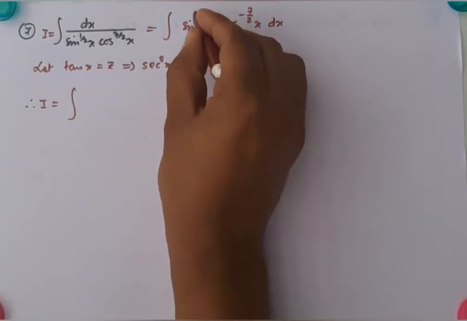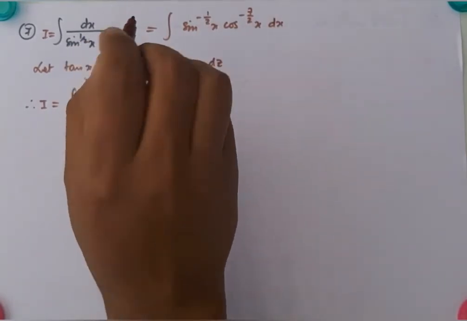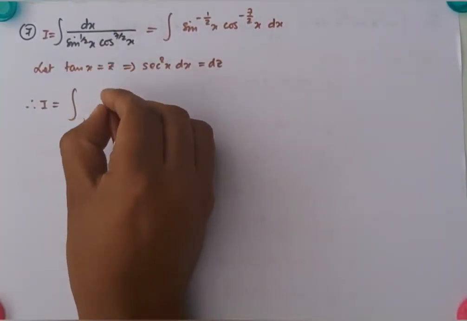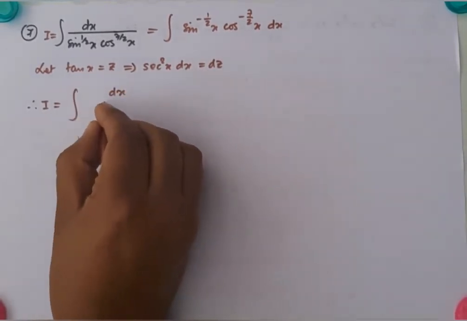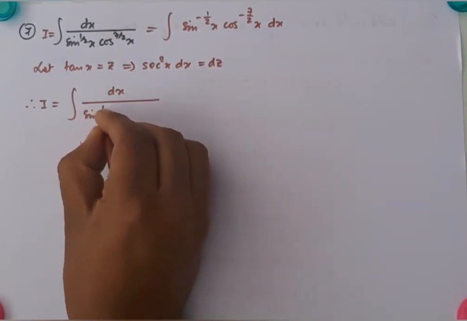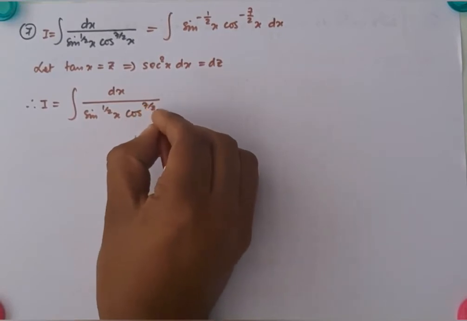Okay, so I just reduced this in order to show what is m and what is n. Okay, so let's keep it as it is like before. So if you write this as dx by sin to the power half x cos to the power 7 by 2 x.